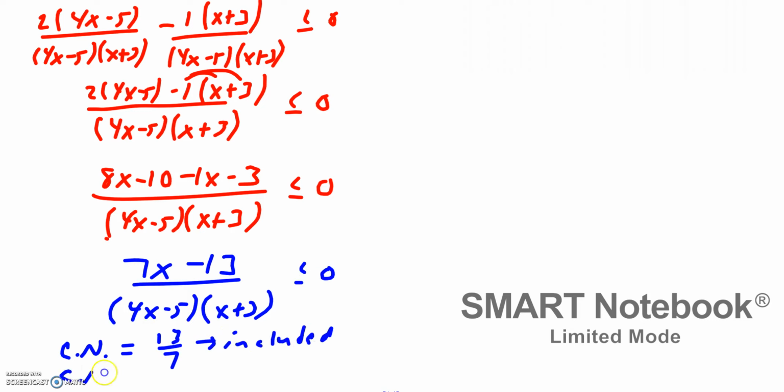My critical numbers from the denominator are going to be positive 5/4 from this and negative 3. Sorry, the pen is getting tired. And these are not included, because nothing in the denominator is ever included because you can never ever divide by 0.